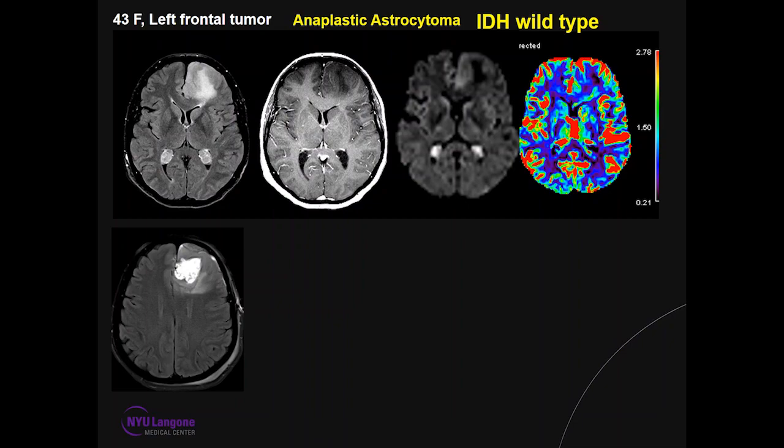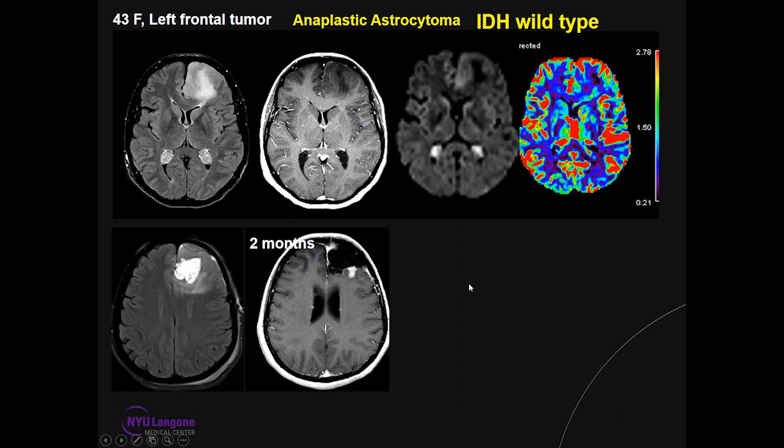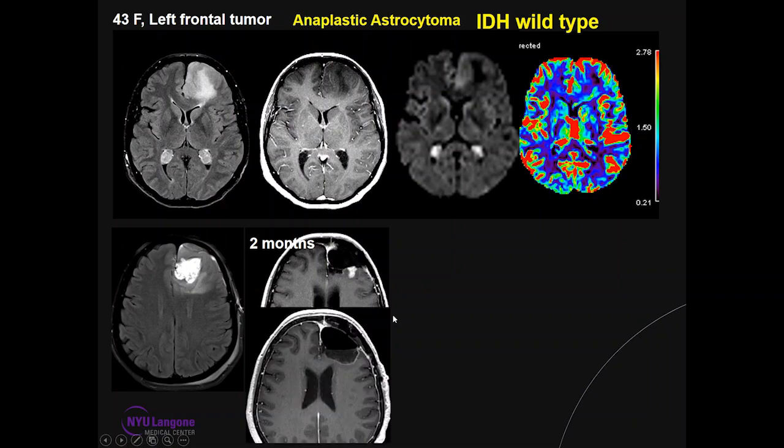But more importantly, this tumor also had IDH wild type genomic markers, so the IDH mutation was absent. And that becomes a really important feature despite the tumor looking non-enhancing and low-grade on imaging. You can see within 2 months after resection and therapy, there is a nodular enhancing recurrence at the margin of the surgical resection cavity, which was resected again.